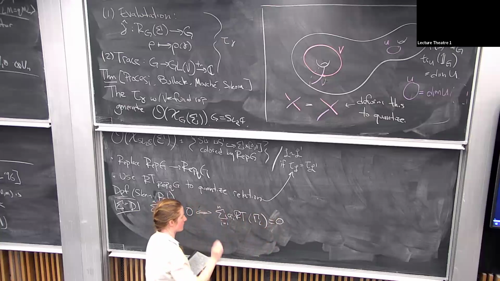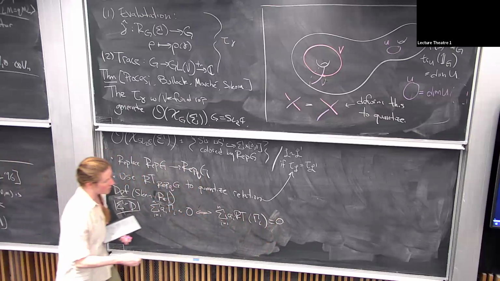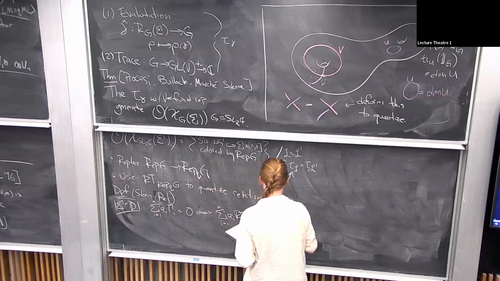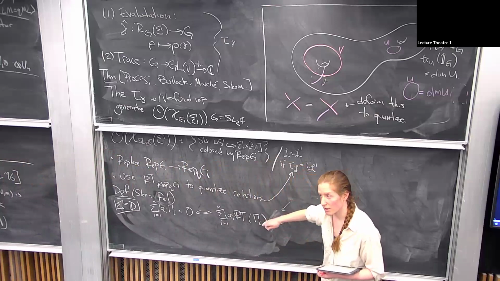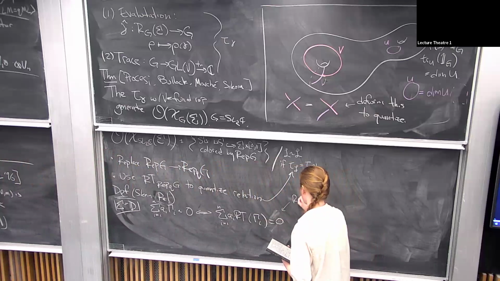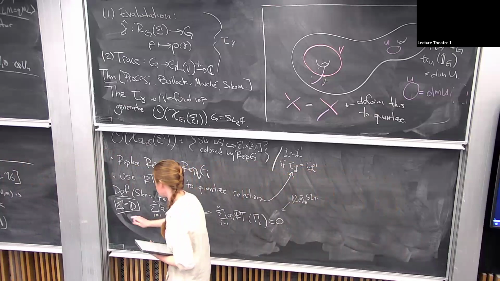So this is what my skein relation looks like. David just wrote explicitly a skein relation in the last talk. That was for essentially this case, Rep Q SL2. So this is for a disk.